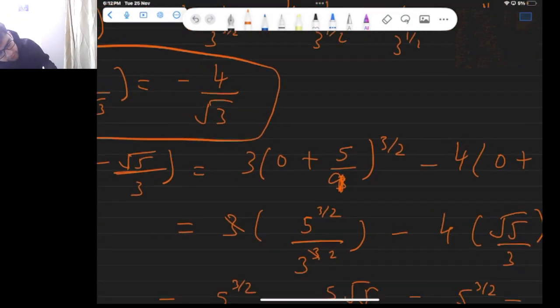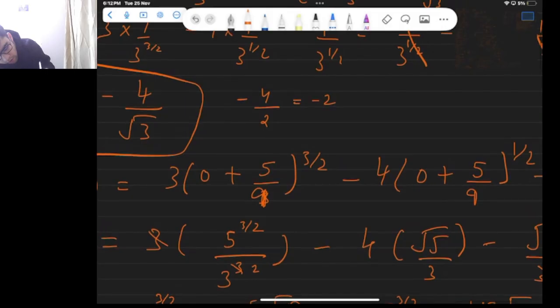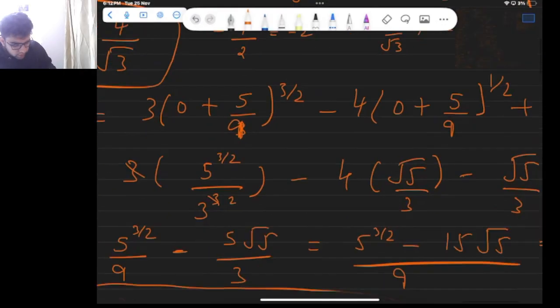So this expression minus 4 and the value of root 3 is 1.73. But I'll be taking it as 2. So the highest possible value, if I just round it off, 1.73, I'm rounding it off to 2. So this will be negative 2. So minus 4 by root 3 will be just greater than negative 2.